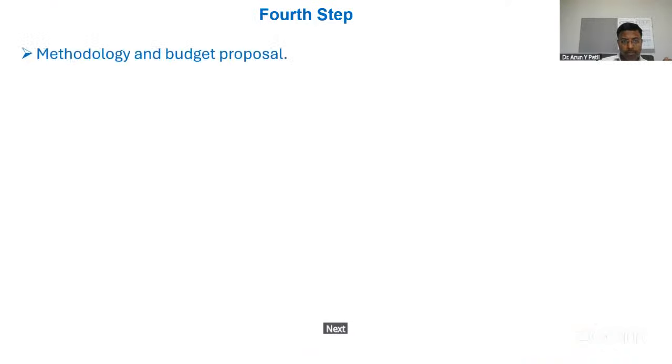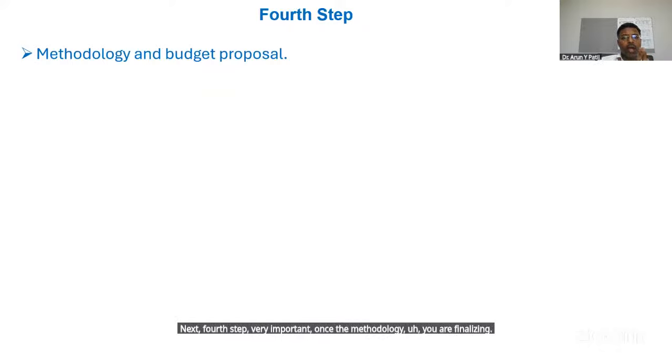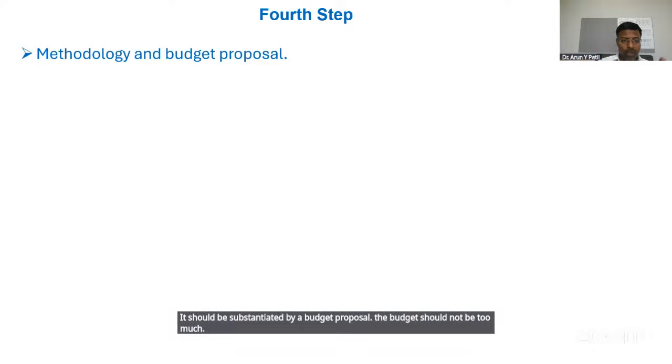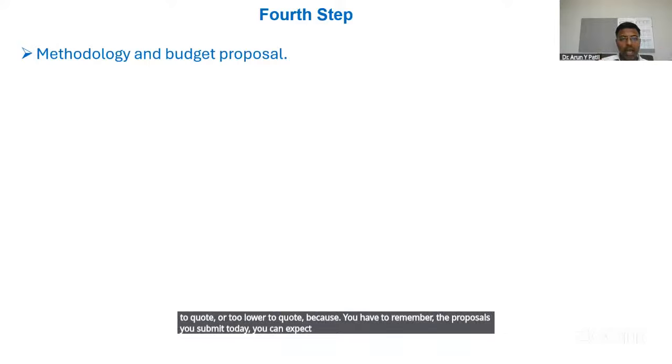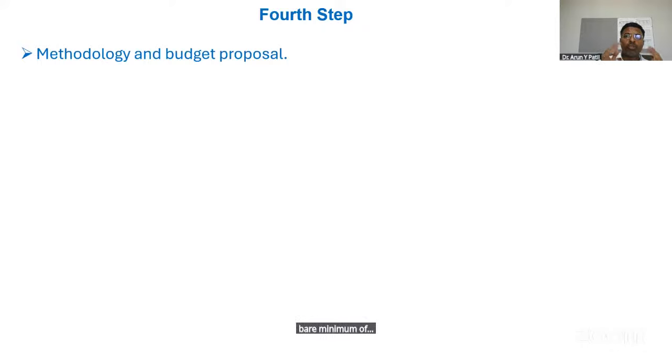Next, the fourth step, very important. Once you are finalizing the methodology, it should be substantiated by a budget proposal. The budget should not be too much to quote or too low to quote, because you have to remember that for the proposals you submit today, you can expect the funding to happen after a bare minimum of 4 to 5 months.